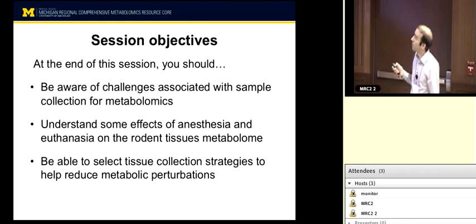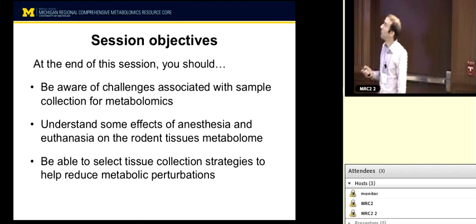So we've found that metabolomics of tissue samples from living animals is particularly prone to changes induced by a non-ideal tissue collection strategy. No sample type is immune to this, so we're going to tell you about how to do that properly, or at least as close to properly as we can.